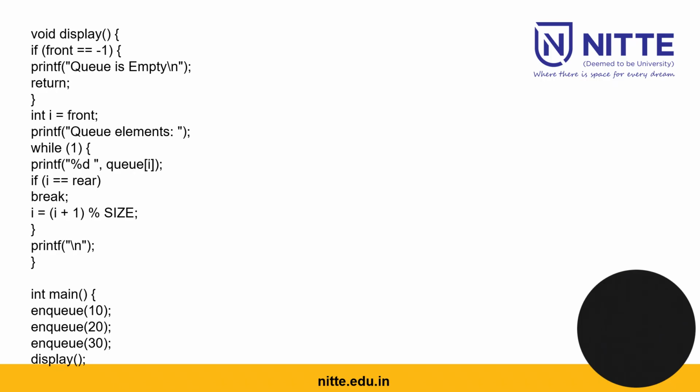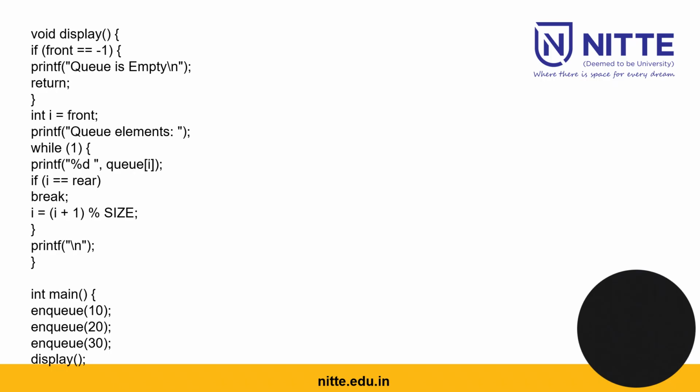And what will it do? It will print %d Q of I. Okay, whatever value I is there, Q of I, if it is 1, it will print Q of 1 value. Else if it is 2, it will print Q of 2 value, like that.